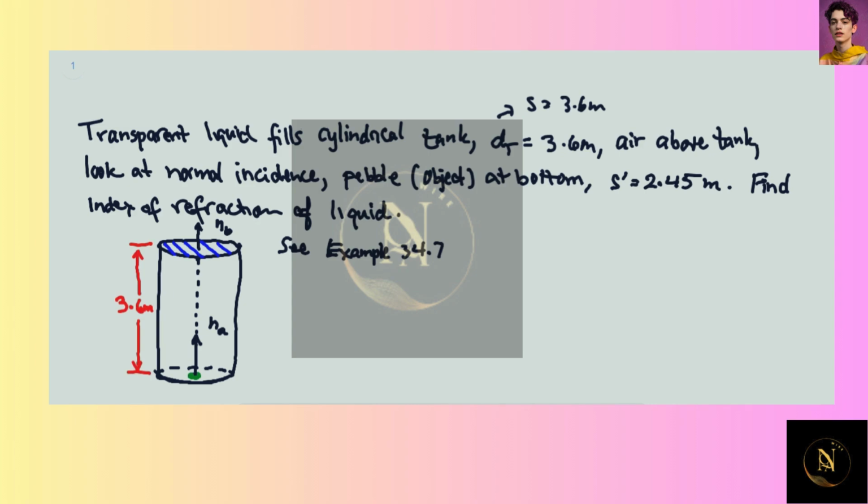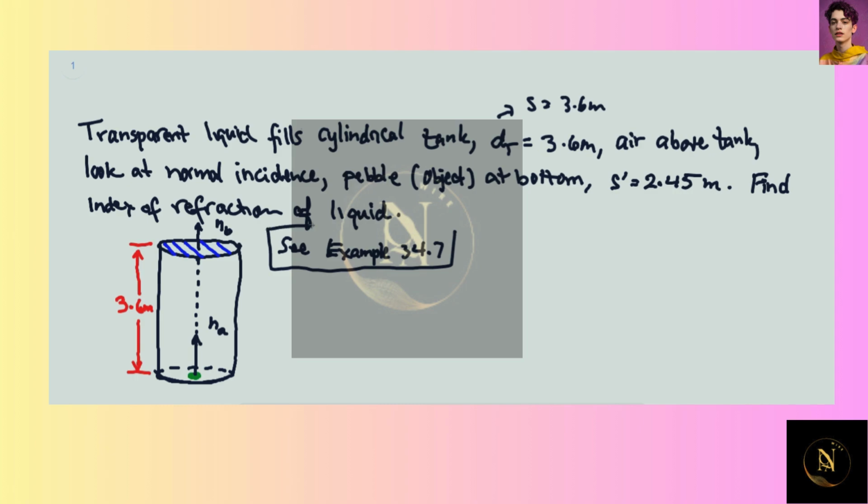And we're told that the apparent distance of the pebble when you look into the tank is 2.45 meters. So that's our S prime. And we're asked to find the index of refraction of this particular liquid.